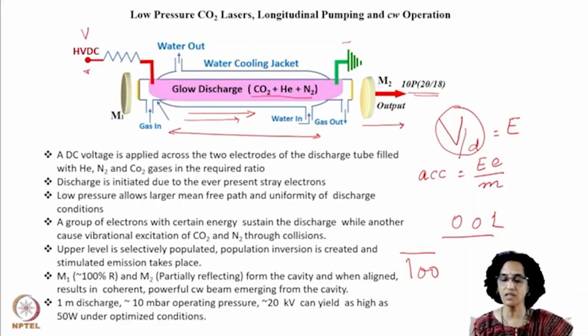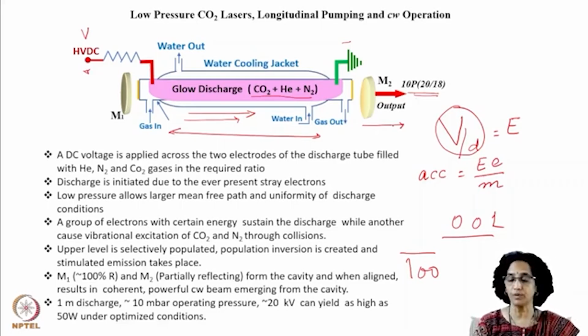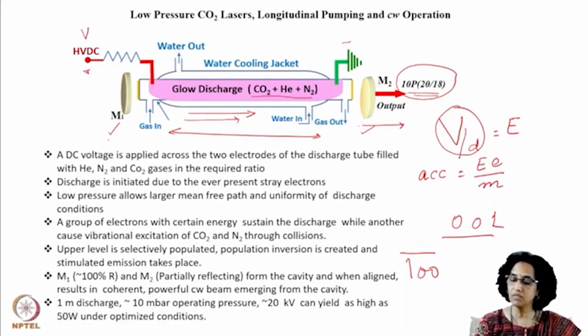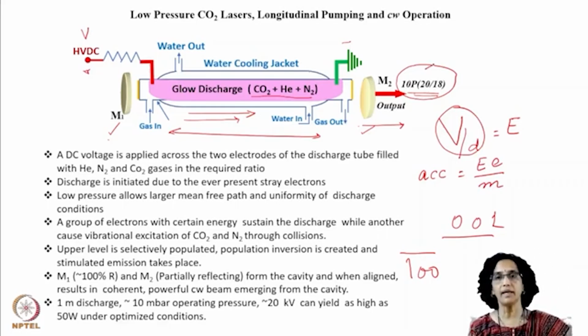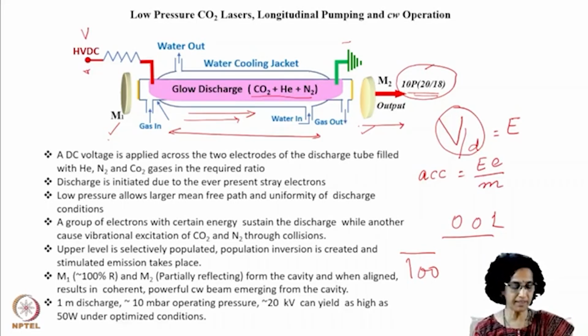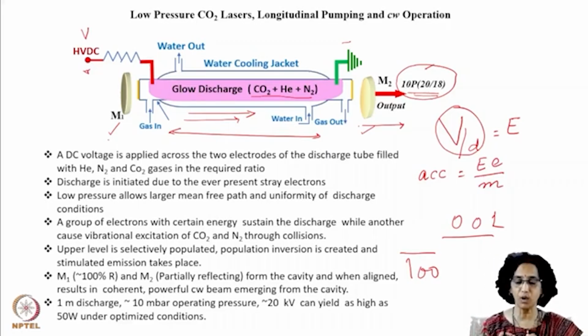Now, as we saw just now, this output normally would be on 10P18 or 10P20 if nothing else is done. For example, we have just used two mirrors. One is 100% reflecting, one is partially reflecting.